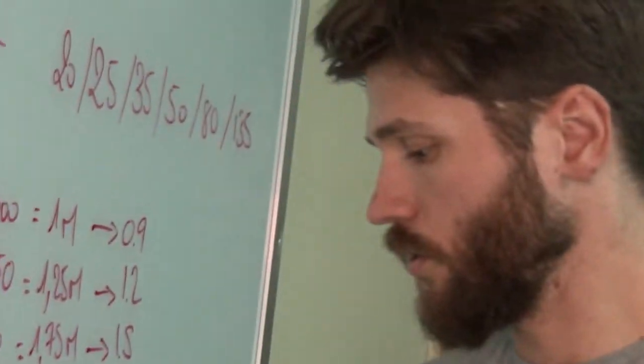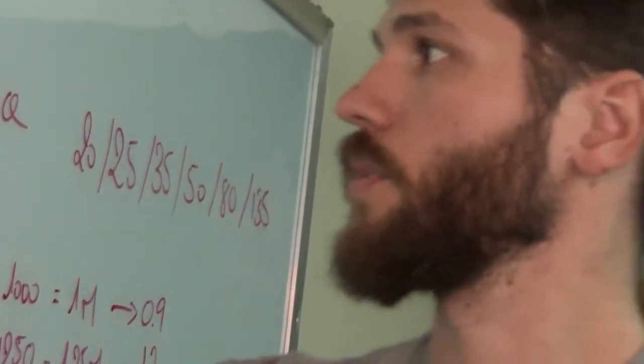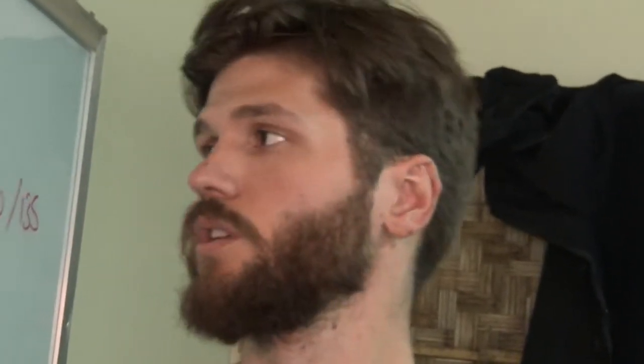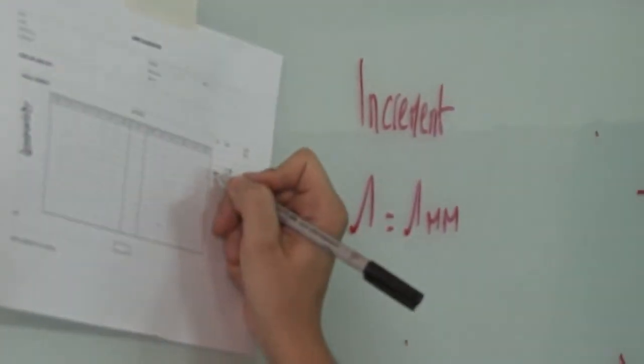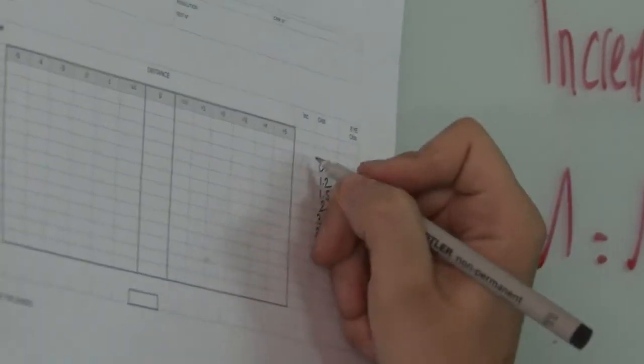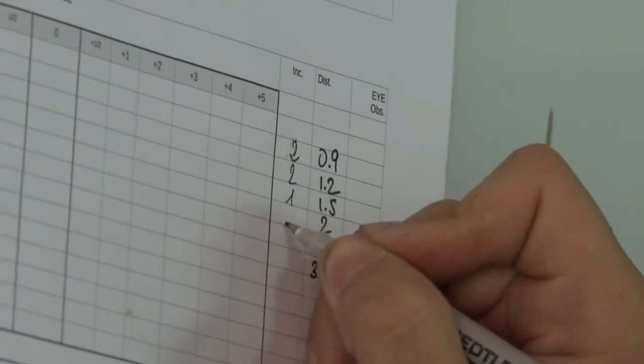According to my experience, if I compare these lenses to another set of lenses that I know, I can take an increment of 2 for the 20 and 25, and then I will take 1.